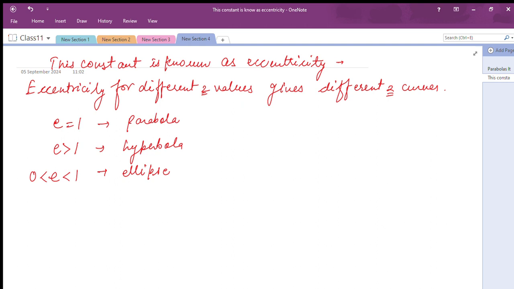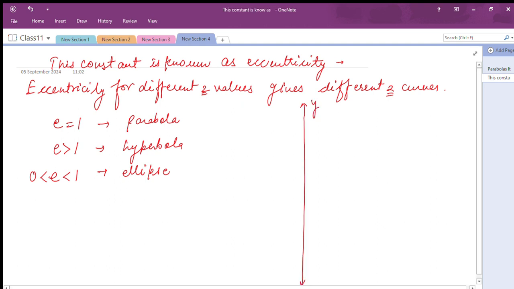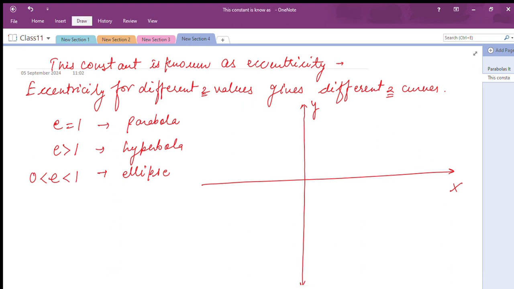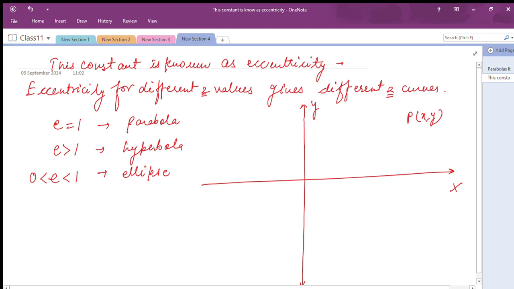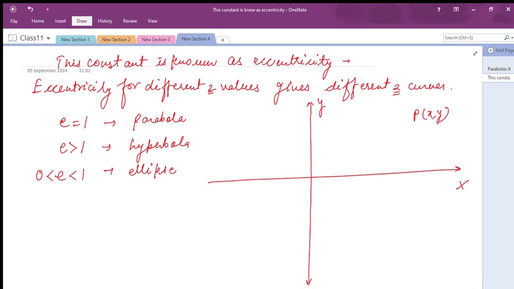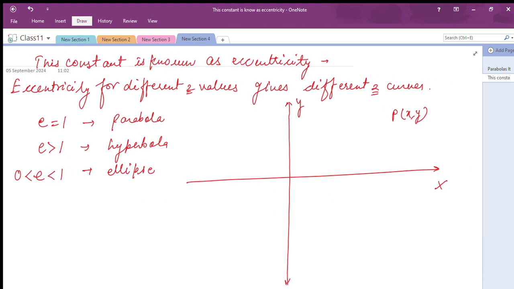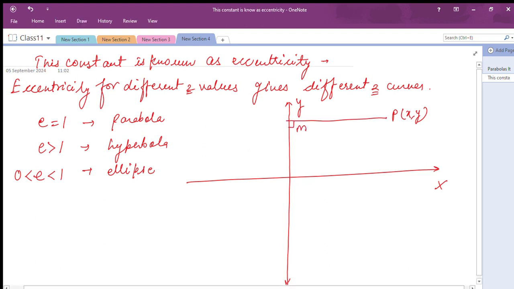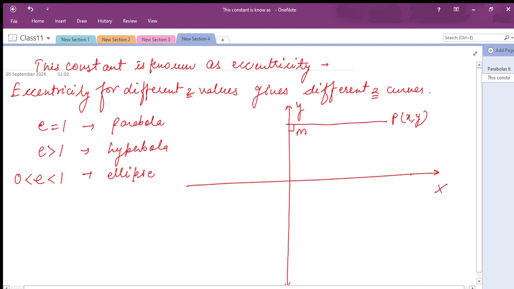Let's see the diagram of the parabola. This is the y-axis and this is the x-axis. This point is the moving point which makes the parabola, P, and its coordinate is x comma y. This is the perpendicular distance PM, and this is the focus.